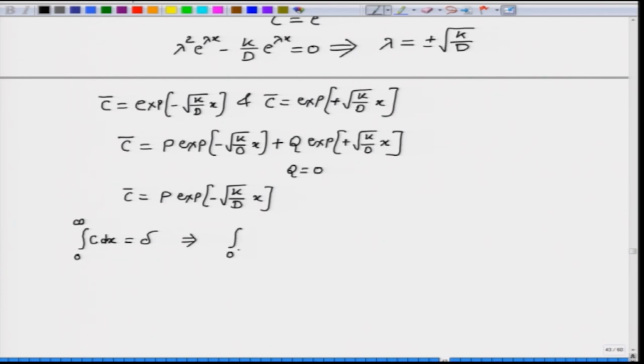So, integral 0 to infinity e to power minus k t into integral of c first dx and then dt is equal to delta, where delta is a constant. So, we can take it outside of the integral. So, integral 0 to infinity e to power minus k t dt.